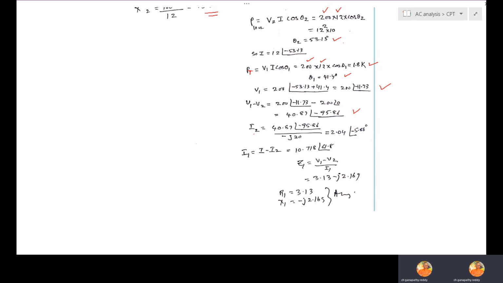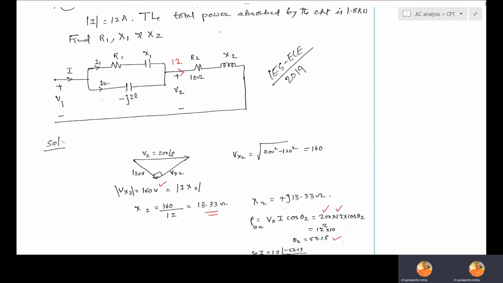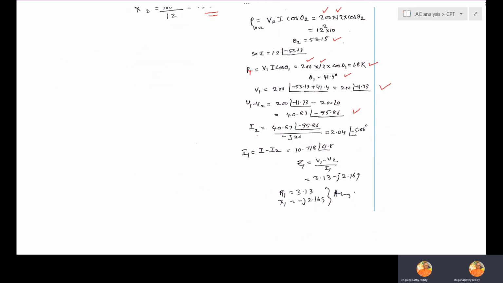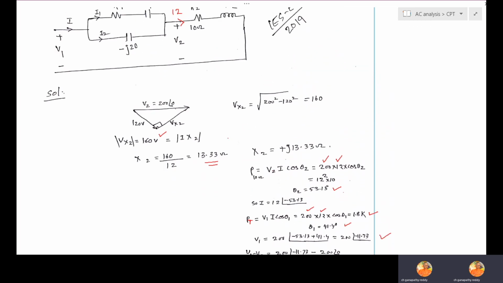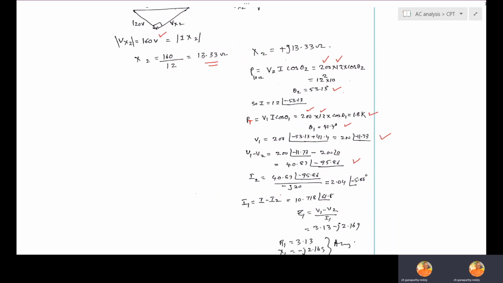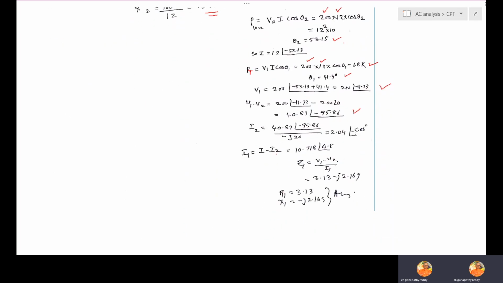Then what is I2? I2 is the current through the capacitive reactance. I2 is V1 minus V2 divided by minus j20. Then I1 equals I minus I2. I is known and I2 is known, so you get I1.